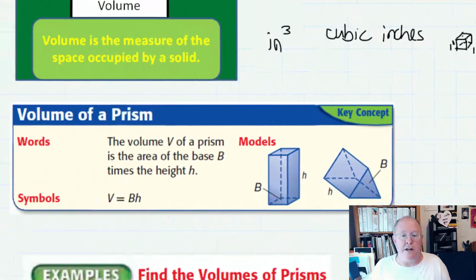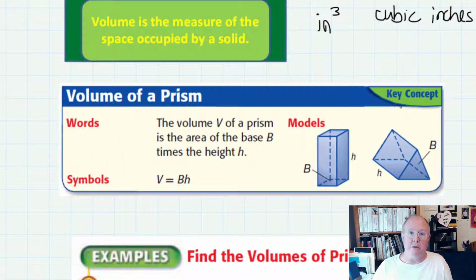So then that brings us down here to the volume of a prism, a key concept. Yay, key concepts, we love them. The key concept here says that the volume V, always with a capital V, of a prism is the area of the base times the height.